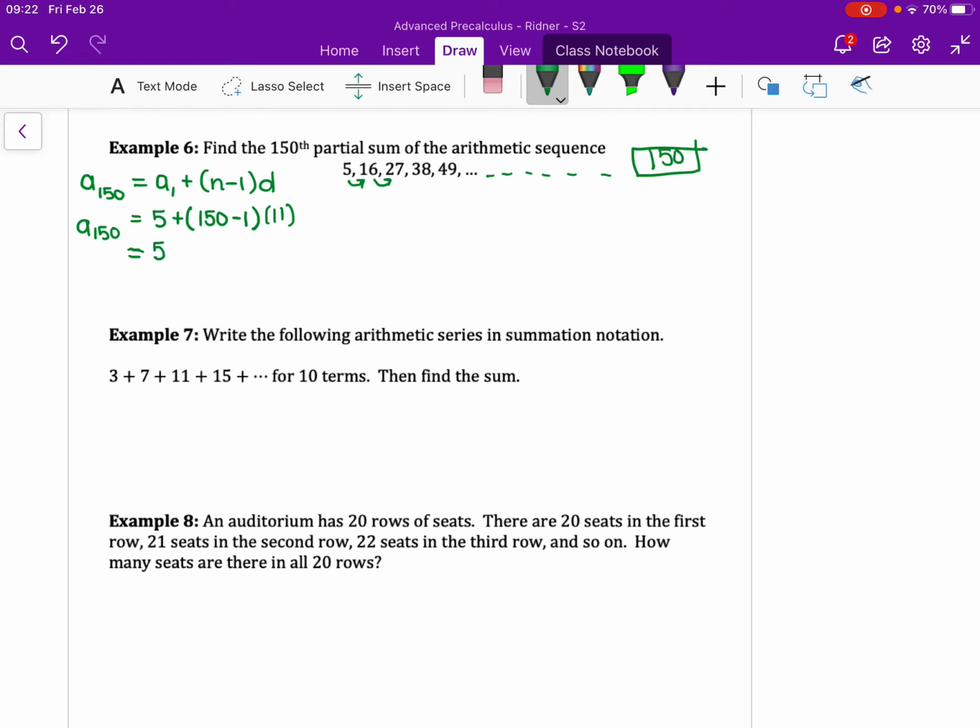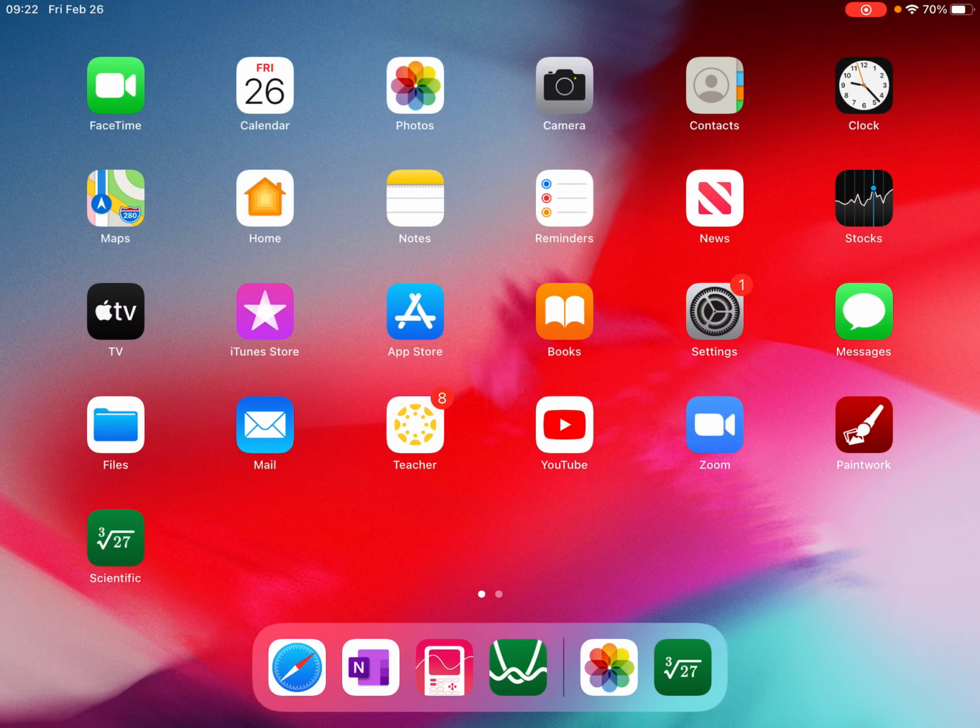If we need to use our calculator, we can.